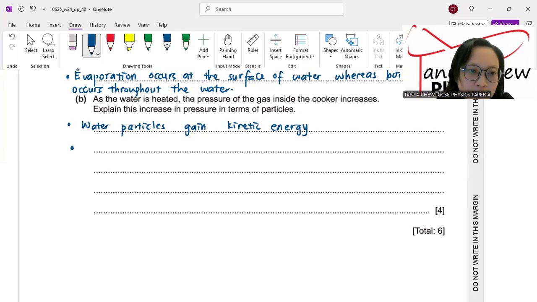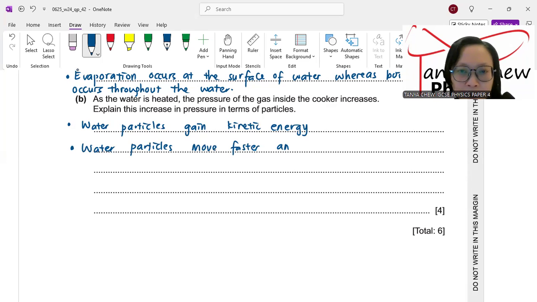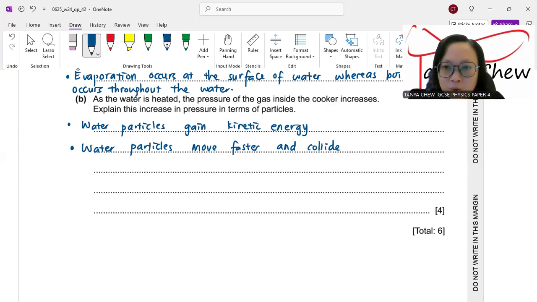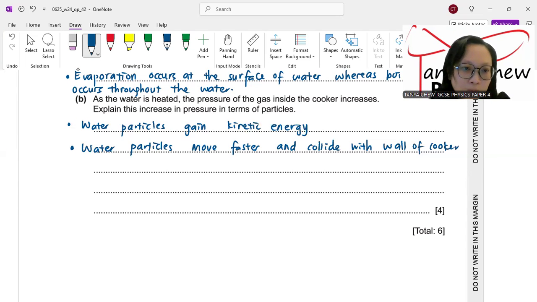So, okay, water particles move faster and collide with the wall of the cooker more frequently.